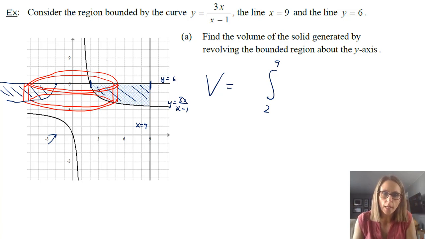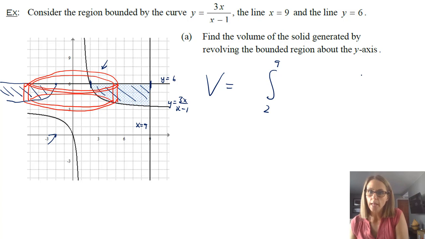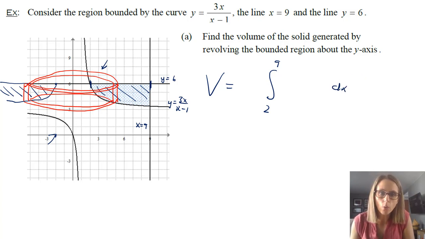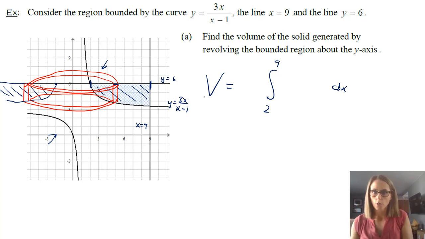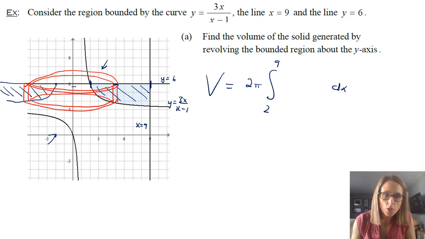Then if you were to take this shell that I've created here and cut it in the middle and stretch it out, you're going to have one big long rectangle with depth, and that depth is going to be some dx because that's how thick it is. And you're going to have 2 pi, and then you still want to remember the radius of this shell, from here to here, and that is just some x value.